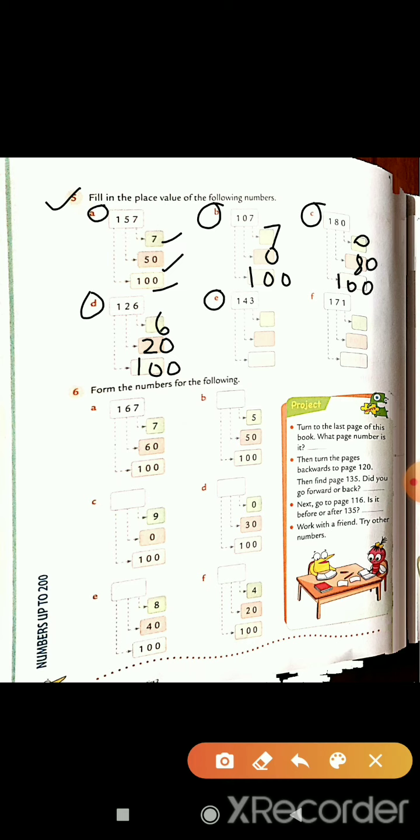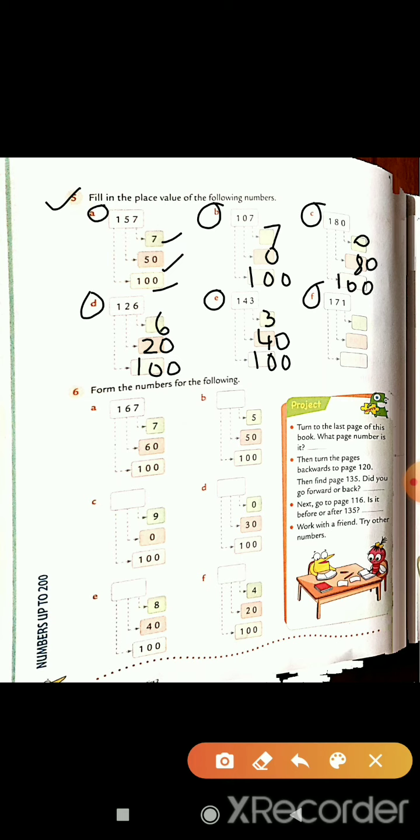Next, E. The number is 143. The place value of 3 will be 3 as it is at ones place. 4 is at tens place, so its place value will be 40. 1 is at hundreds place, so its place value will be 100.